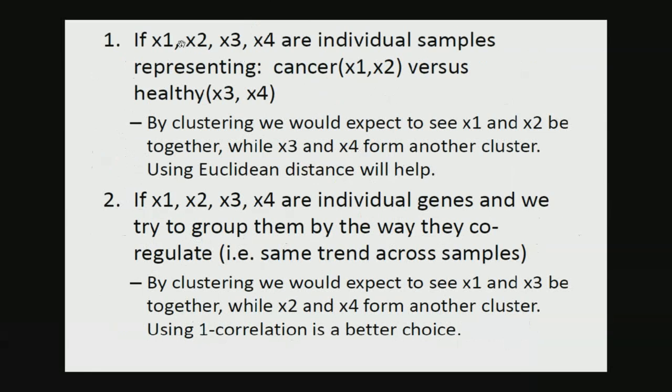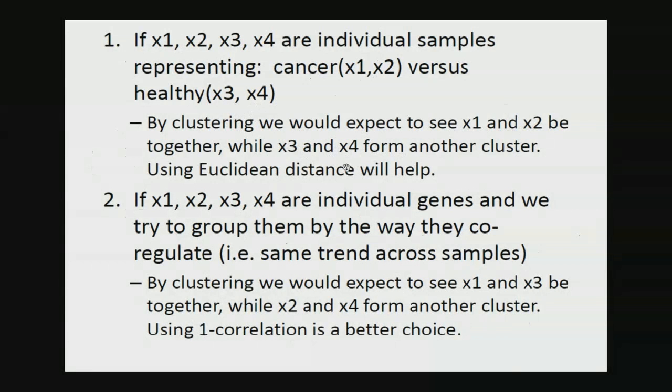So if X1, X2, X3, X4 are individual samples representing cancer versus healthy, then by clustering, we'll expect to see X1 and X2 together, right? But X3 and X4 will be another cluster. So using Euclidean distance will help.